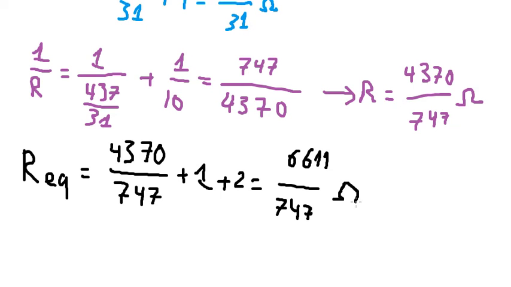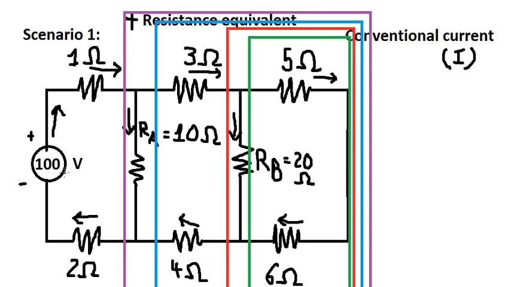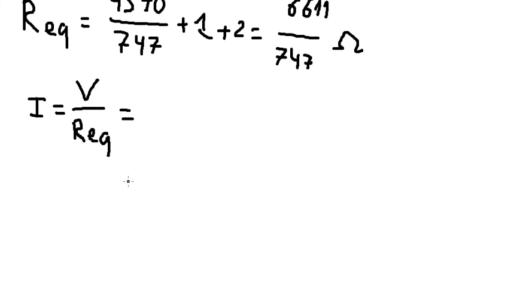So after you got this one, we have the current. That should be the voltage divided by R in here. The voltage, that is 100. This number go in here.